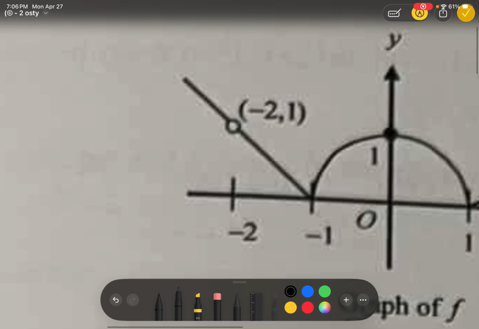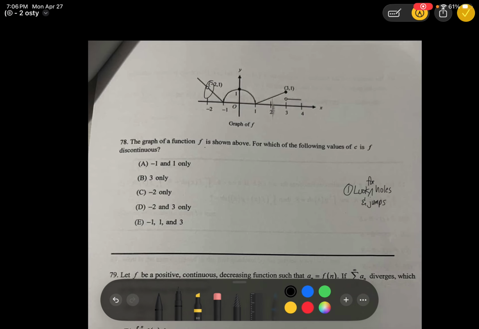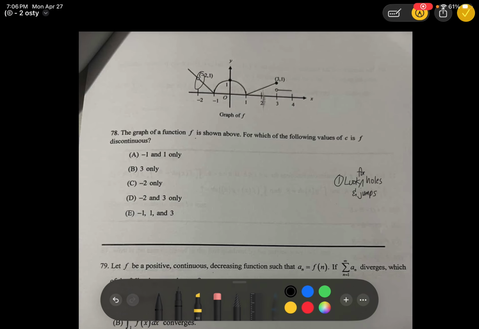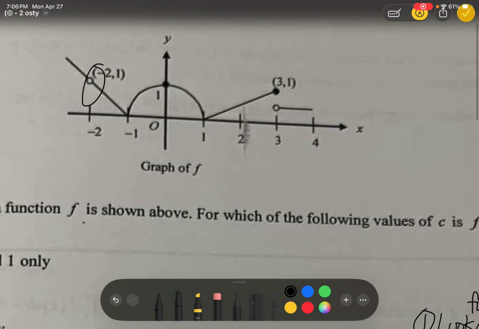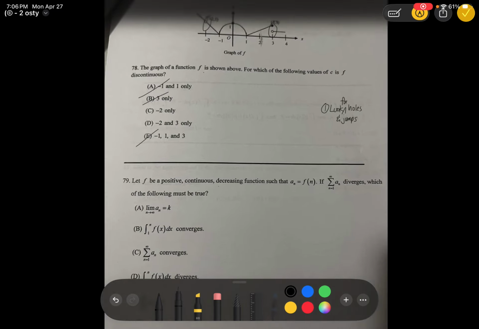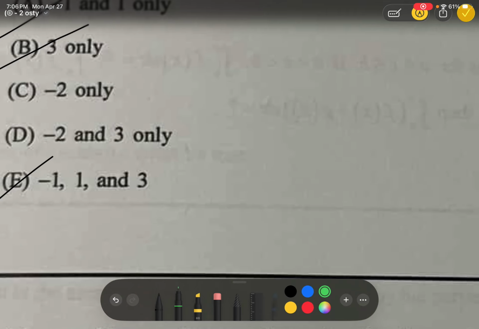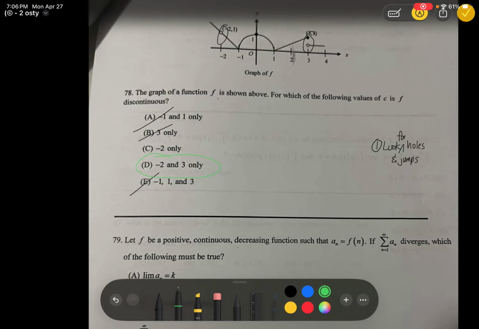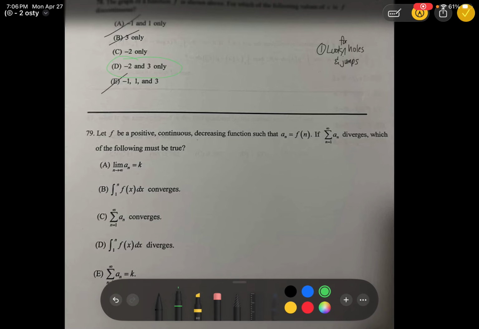We see one hole here at x equals -2, so immediately we can cross these out. And there's going to be a jump and a hole at x equals 3. So it's going to be negative 2 and 3. So our answer is going to be D.